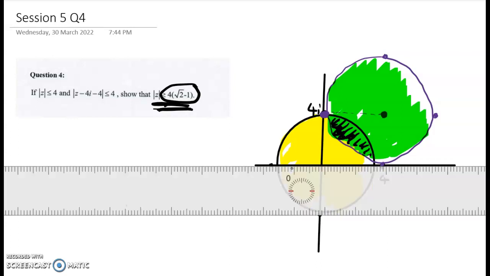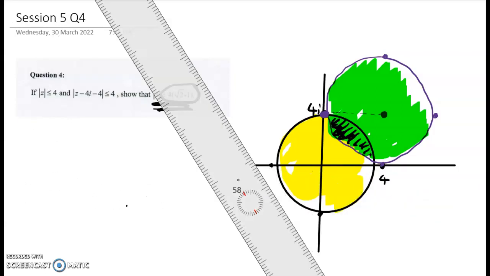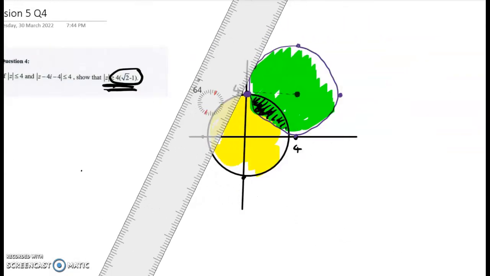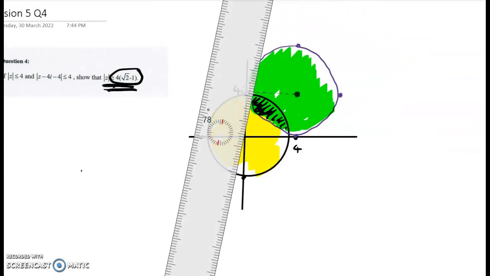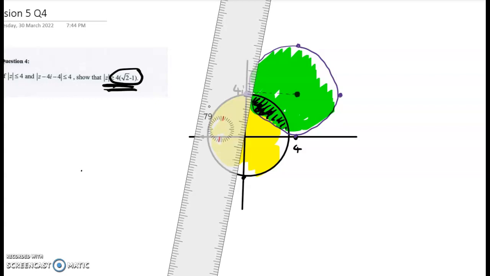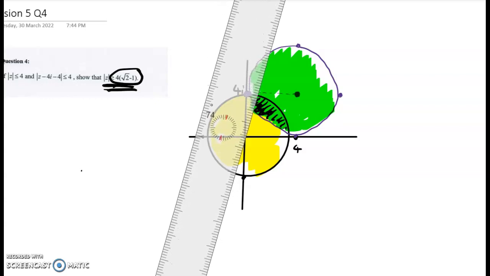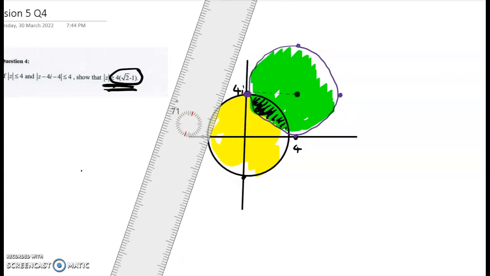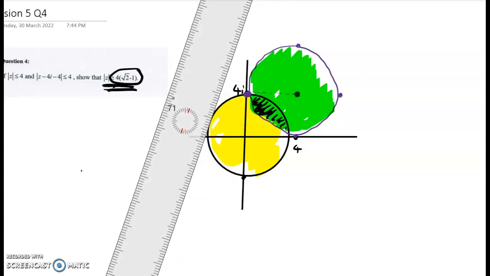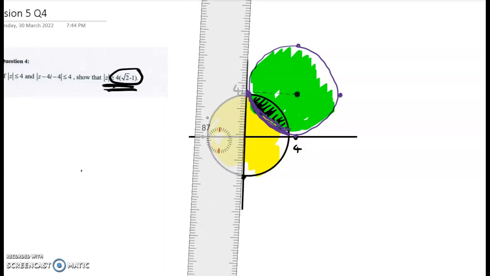So let's take a ruler and see what is the smallest distance from the origin that we're going to have there. Well, you can see, and it is worth doing this with your ruler so you convince yourself what's going on, that it's going to be somewhere on this edge of the circle that is going to be the shortest, the minimum distance point. And it's not going to be up there.